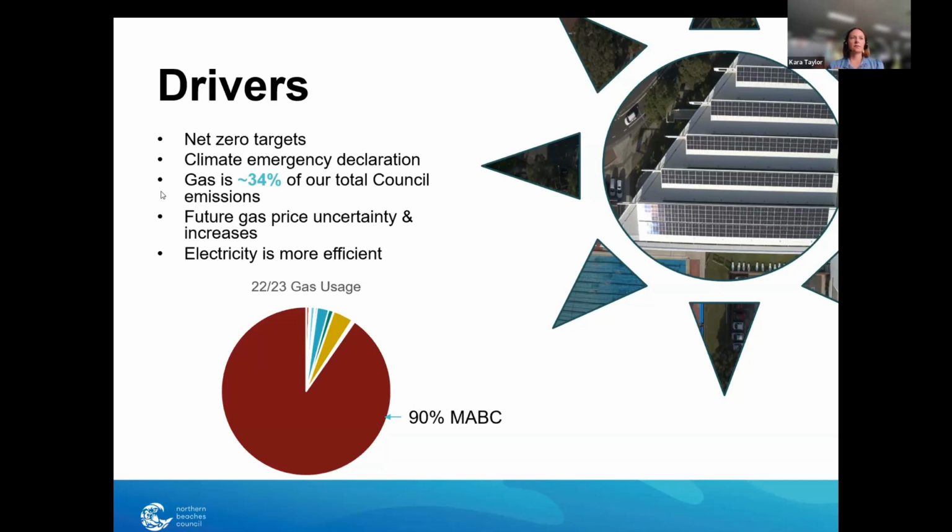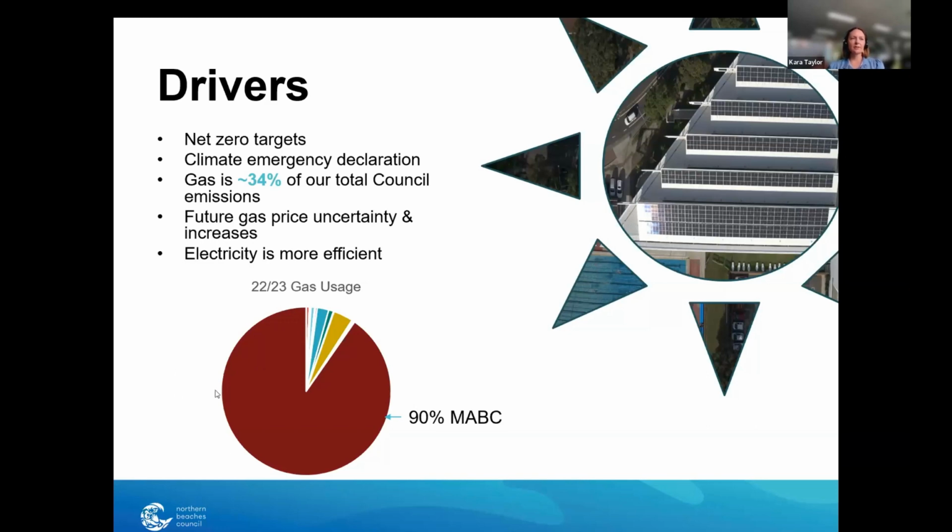And also the electricity grid is decarbonising. So as you move forward, you have to buy fewer LGCs each year because there's more renewables already in the grid, to the point where eventually you won't have to buy those offsets and the grid will be green renewable, whereas that's not happening with the gas network. So that's another reason to switch.